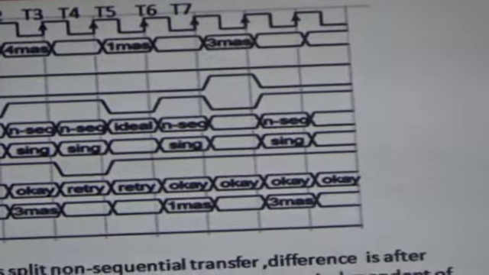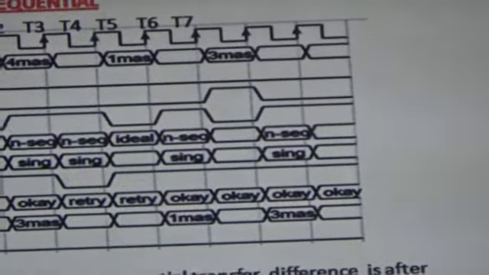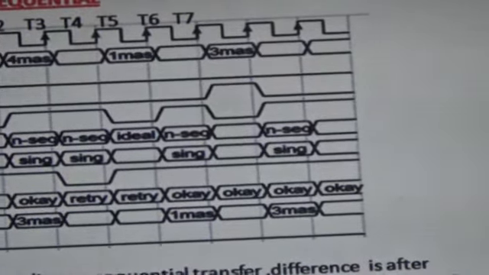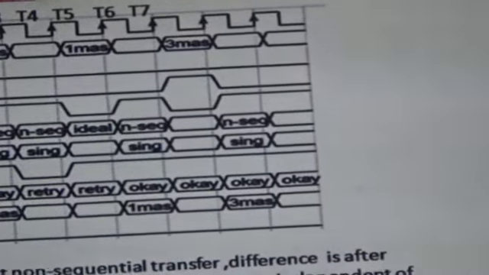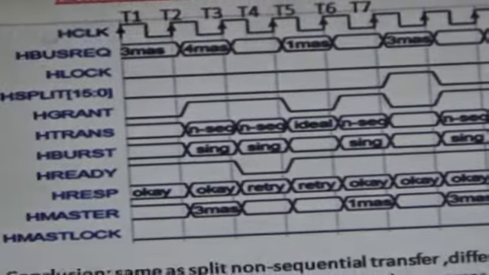Since the retry response has taken place, in the next clock cycle, as you have seen, during the third master accessing the bus, the slave responds with retry. After the split response, when HSPLITx rises, the priority is given to the third master.